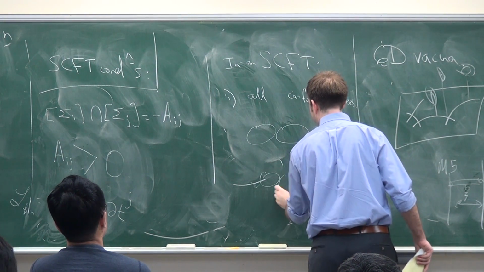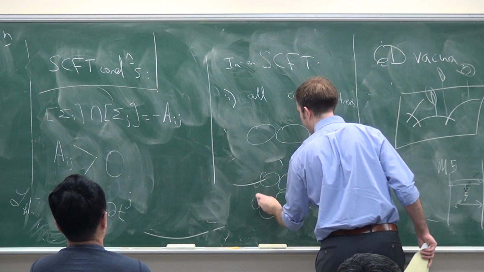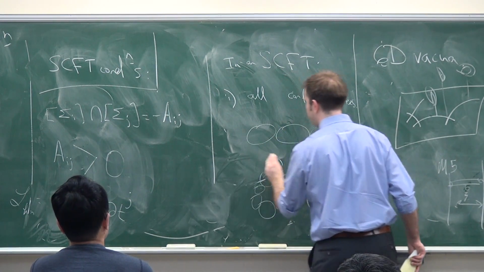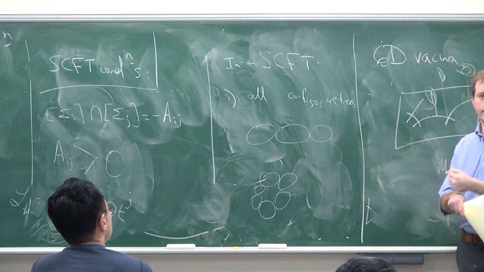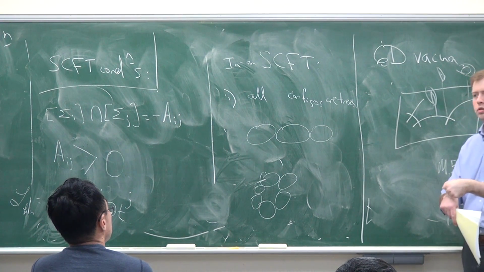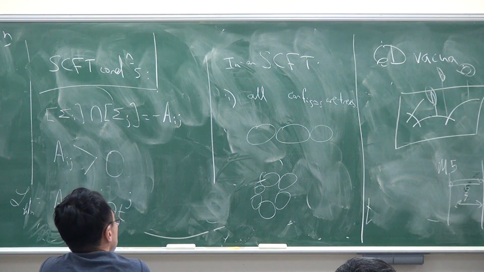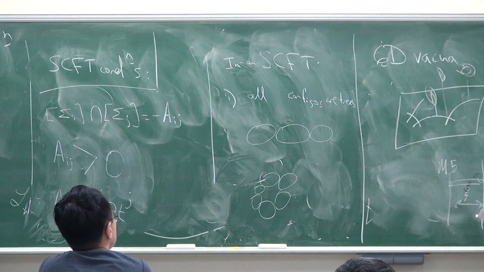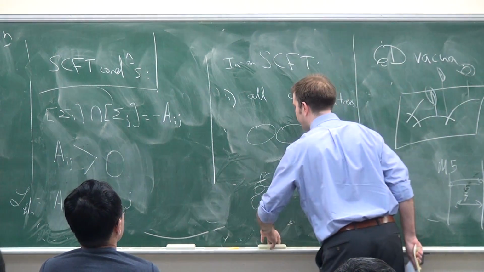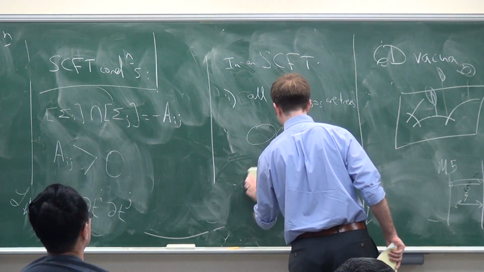You cannot have this. This is the base. What you find if you do this is that the orders of vanishing of F and G, when you try and combine them with the simultaneous contractibility of the curves, there's no way to combine the two and get a consistent solution. So in other words, you're always stuck with just a tree-like structure. That's one thing. So all configurations are trees.